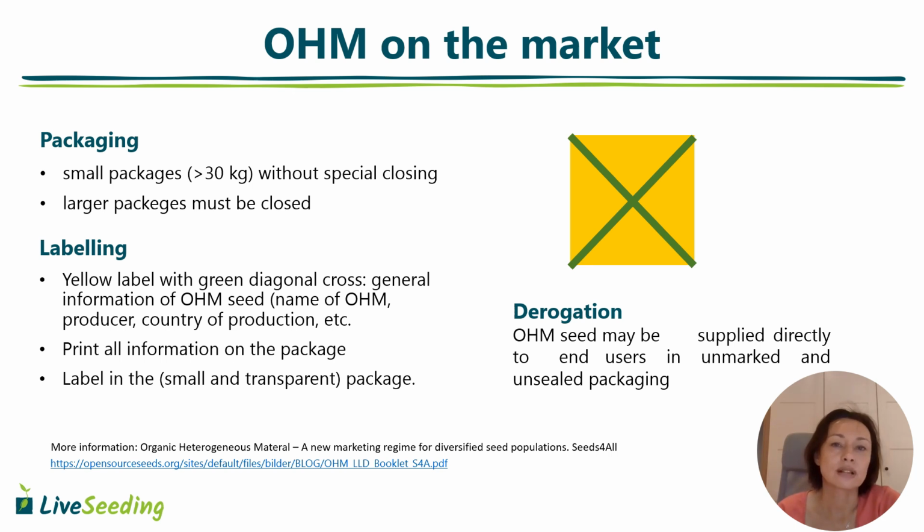For small transparent packages, the label may be placed inside the package, provided that it is clearly legible. By way of derogation from the standard provisions, OHM seed may be supplied directly to the end users in unmarked and unsealed packaging. The maximum quantities and other mandatory requirements are specified in the Delegated Regulation 2021/1189.